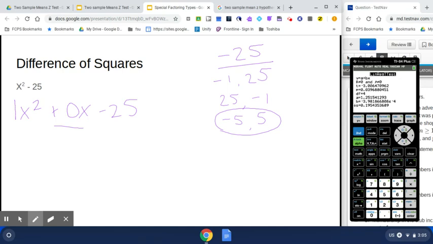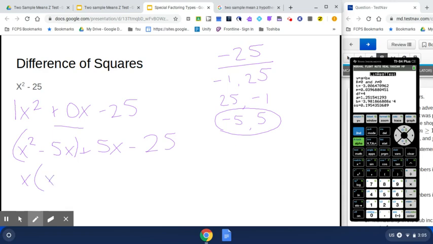So I'm going to rewrite my expression as x squared minus 5x plus 5x minus 25. And now we're going to factor by grouping. If I group these first two together, they have a GCF of x.